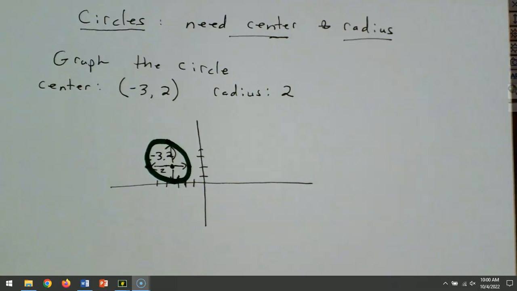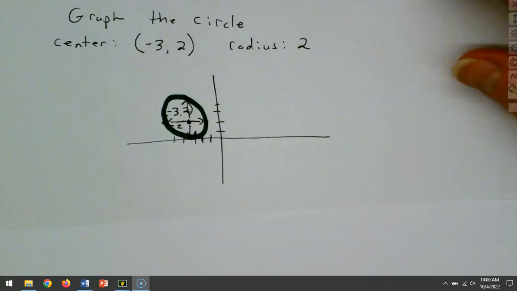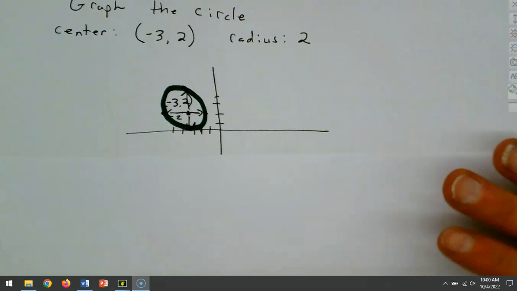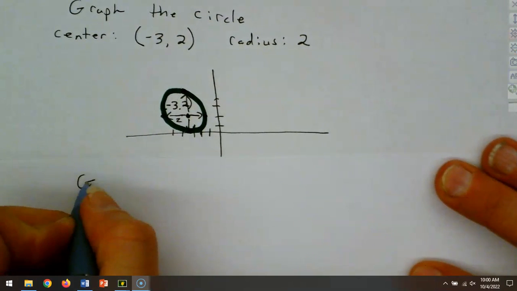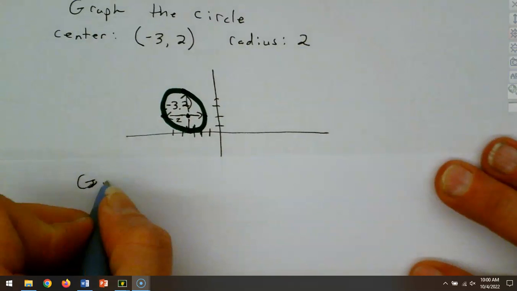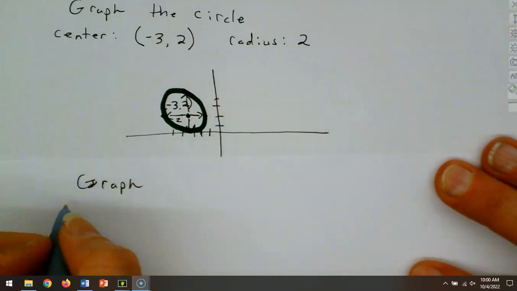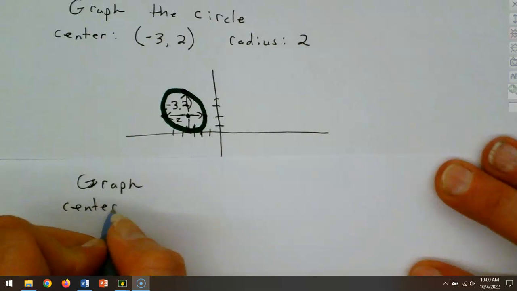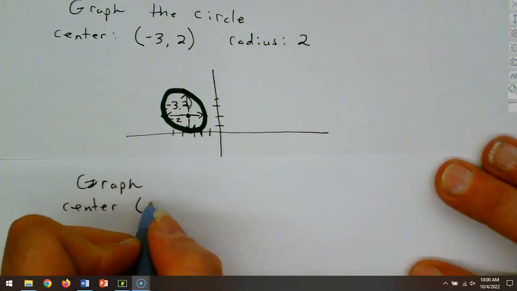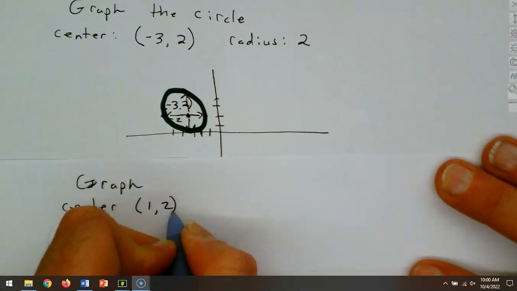Now let's do some more of these. Let's graph one more of these, and then we'll talk about the center radius form of a circle. So let's try to graph another circle. And we'll use a center of 1, 2.